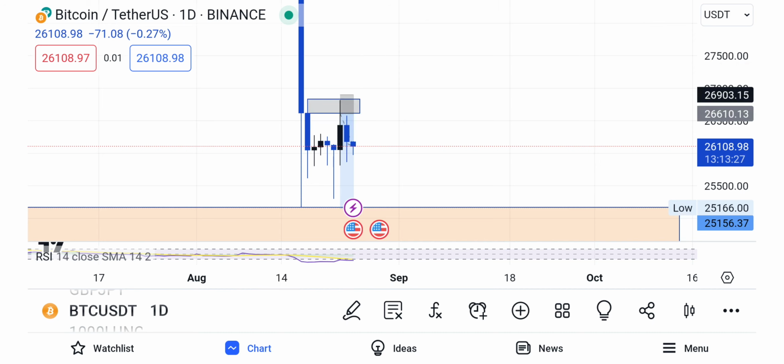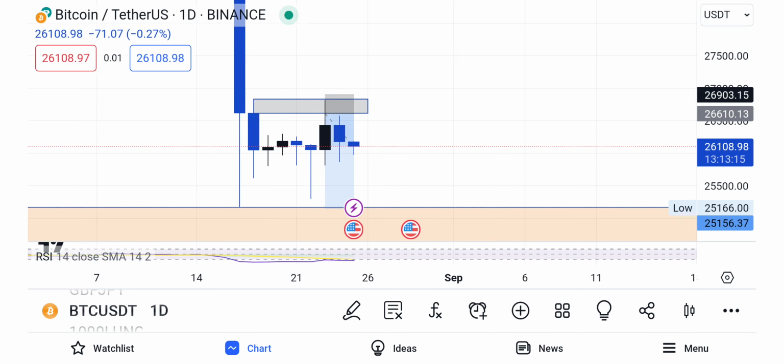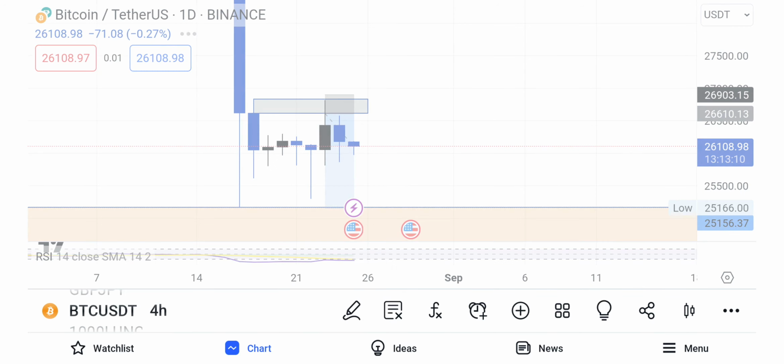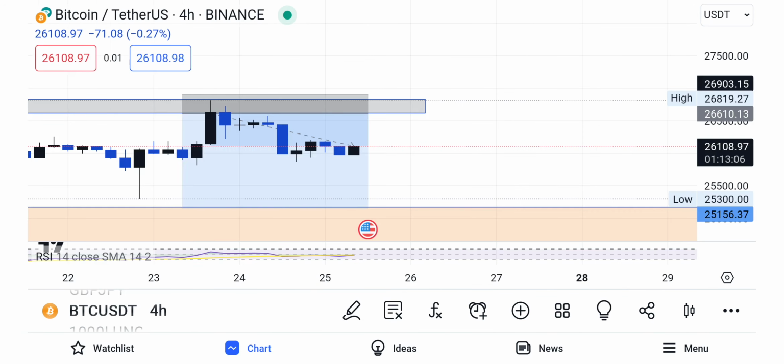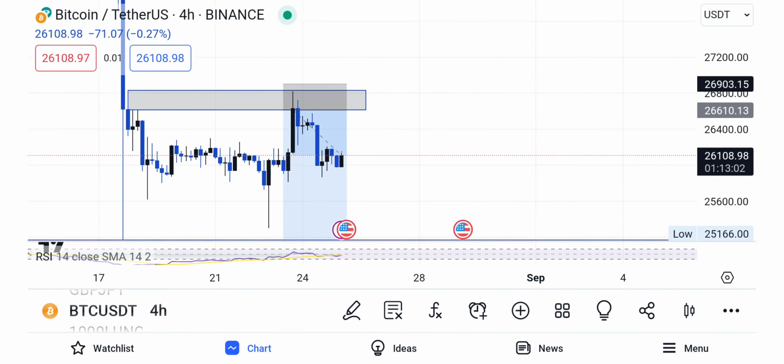I marked this out and then traced it down to where price would react next. So while price was coming up, I just set my entry, but not on the 1 day time frame. I went further down to 4 hours. I've marked out my zone, so it's visible there. When I went to my 4 hours, that zone is still neatly marked.